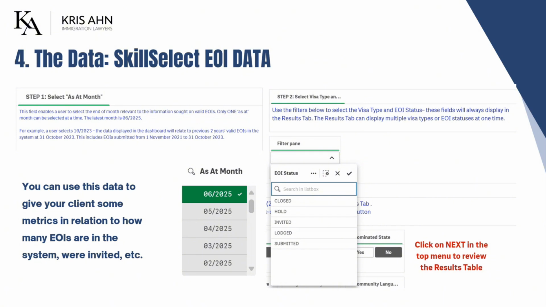There are some EOIs where the person's like, oh, I don't want to go on this round, so they can suspend their own EOI. And closed just means that the whole thing's done. They've either withdrawn the EOI altogether, or they've been granted the visa. So you can choose to see how many of these kinds of statuses are in the system as at the last day of June 2025.